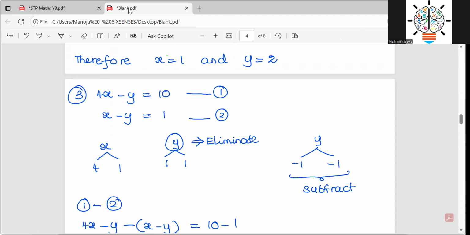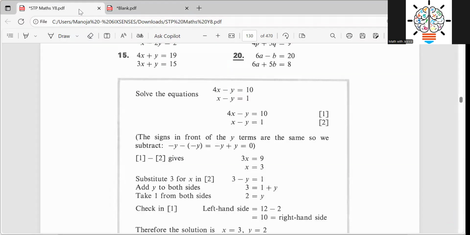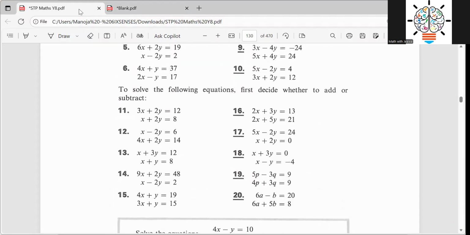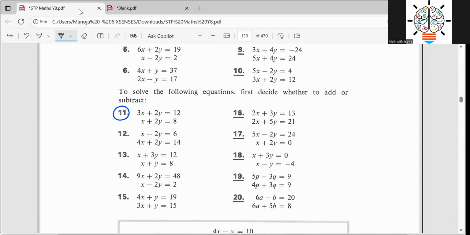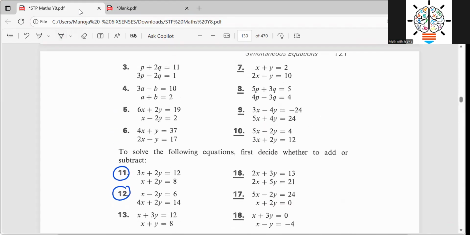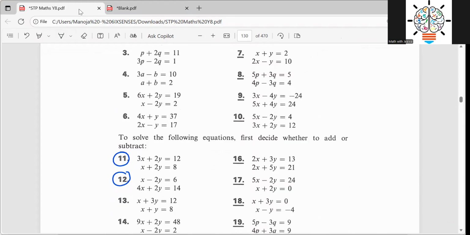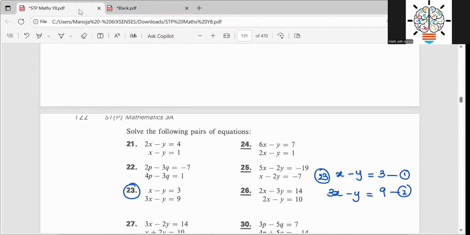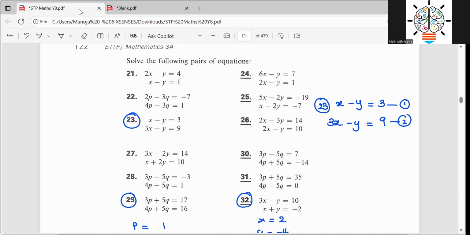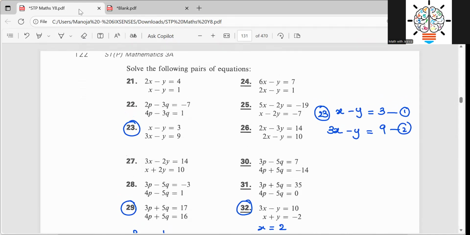Okay, children, we'll meet again next day, and your homework will be copied down. Question numbers 11 and 12, and then 23, 29, 32.